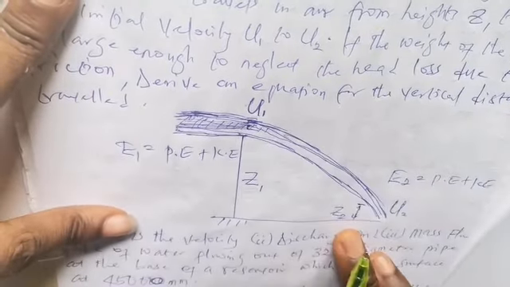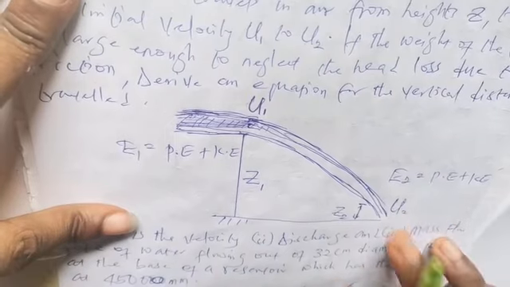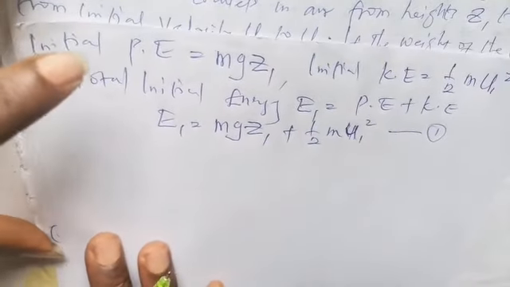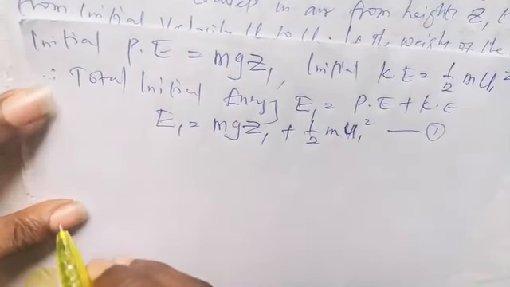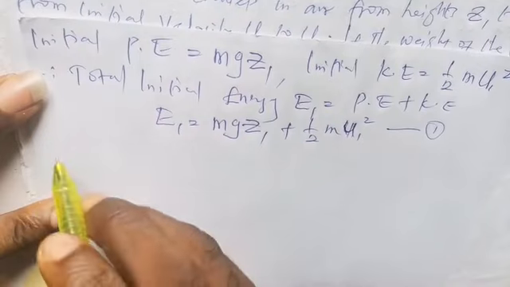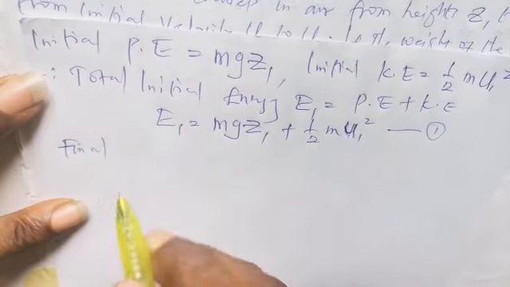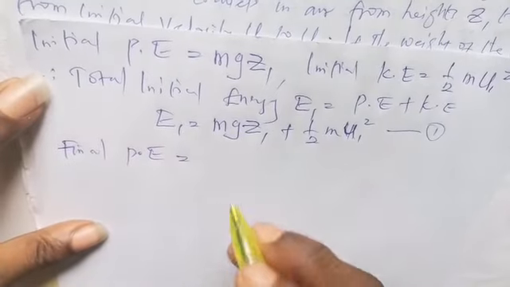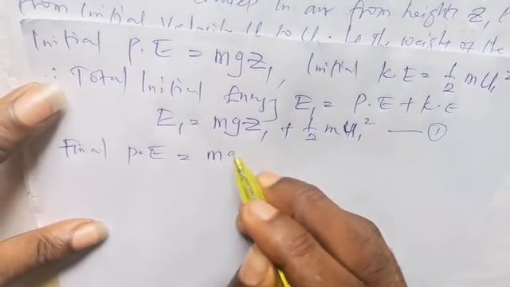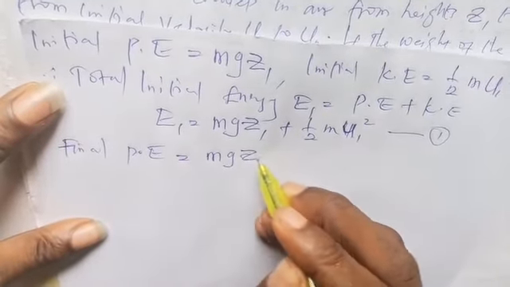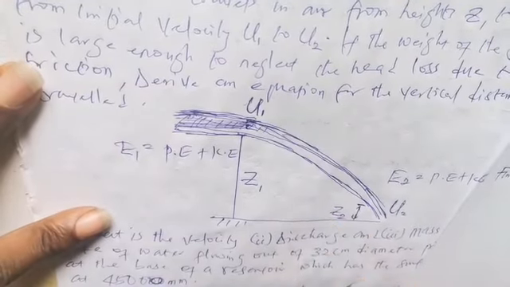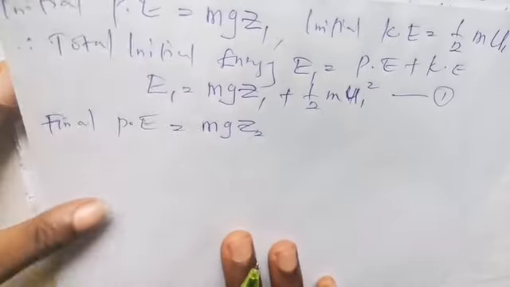The same thing happens at the outlet or at the final stage. We also have potential energy and kinetic energy. So we now consider the potential energy at the outlet, or the final potential energy, which is also mg times z2, the height at that given position z2.